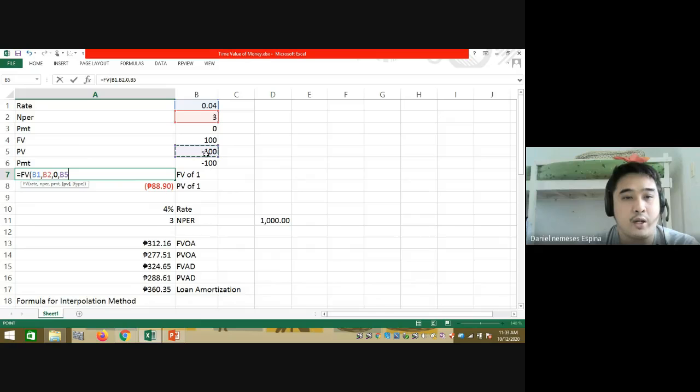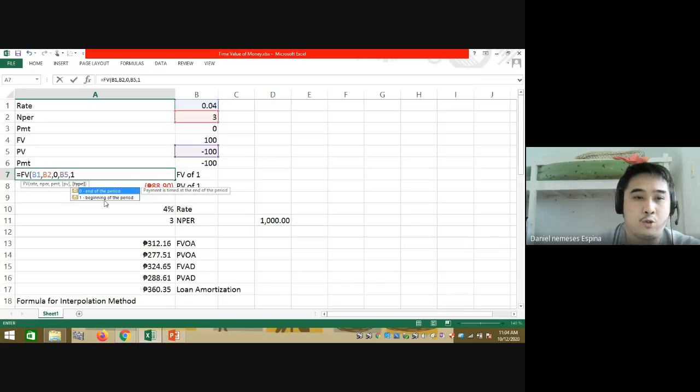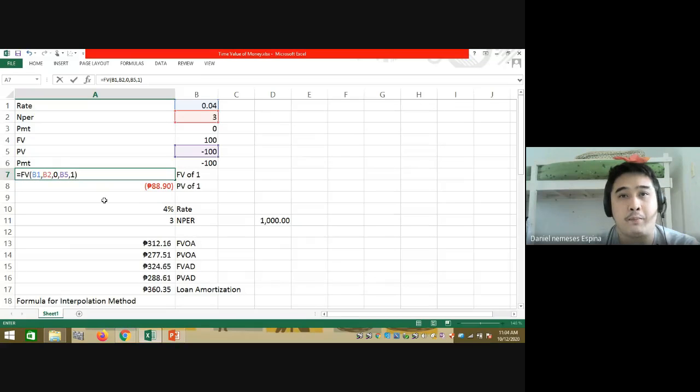So negative 100. As to type, for a lump sum it depends, but usually lump sums are paid or invested at the start. There are two options: 0 is for the end of the period, 1 is for the beginning of the period. So if lump sum, I will usually choose 1, because most lump sums are paid at the start.